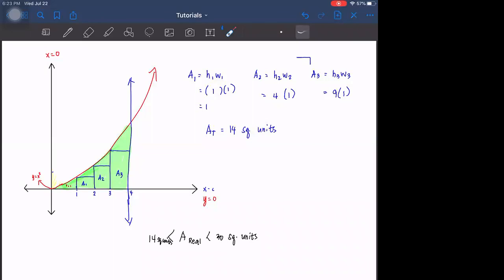Okay? Yes. So what will happen sa width niya? The width will be decreasing, right? And when the width decreases, what will happen to the number of rectangles? Increases.